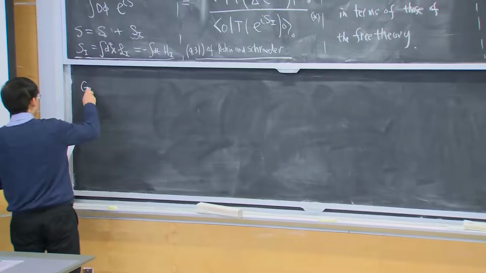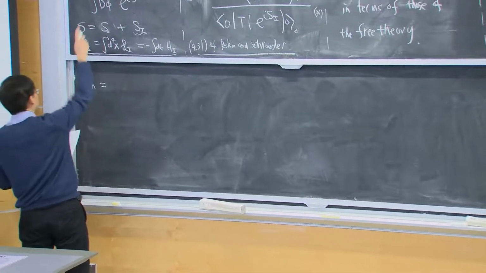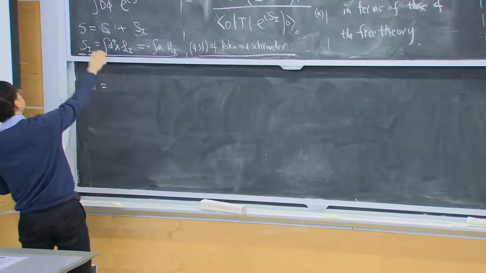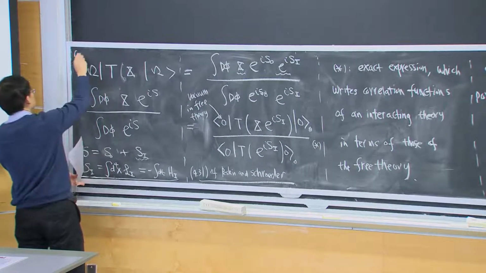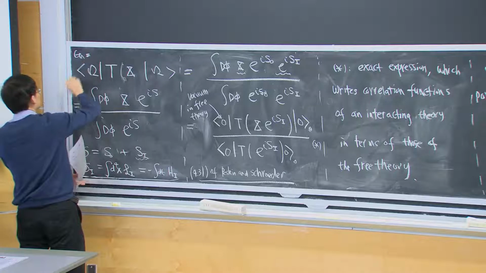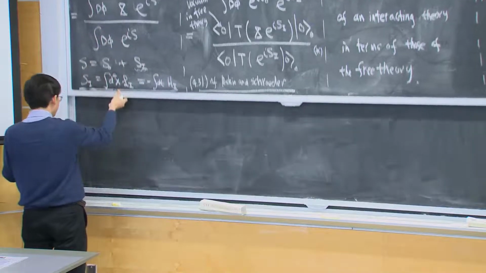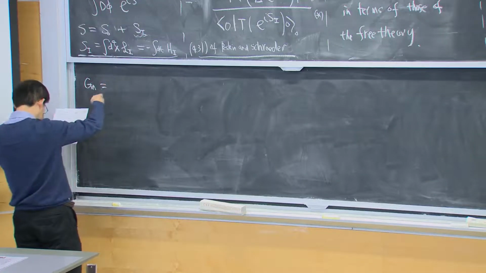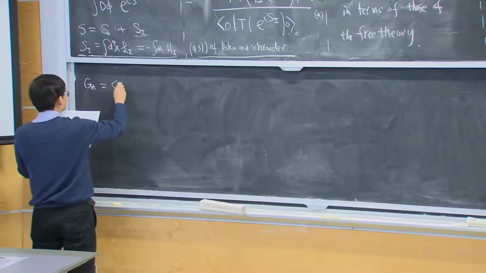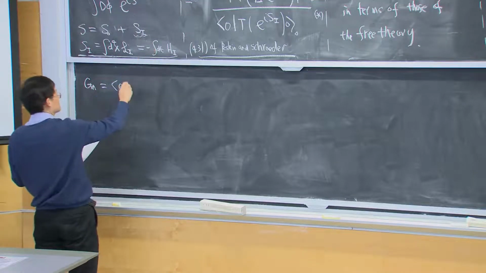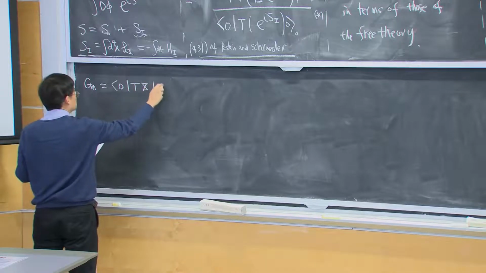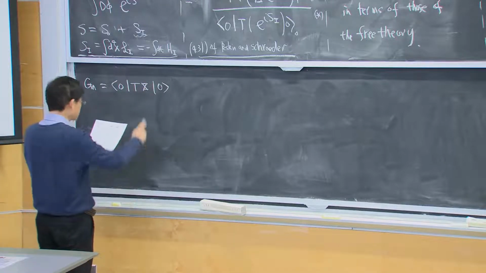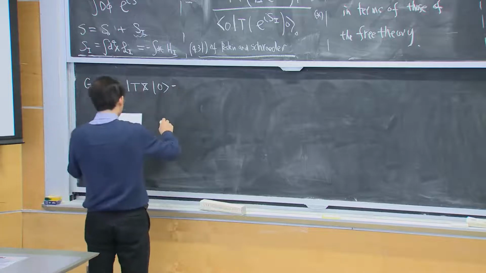say we consider G_n, for the full theory. Let me call this G_n, just say this is some n-point function. We can write G_n explicitly: at the zeroth order you just have T x, with the free action upstairs.